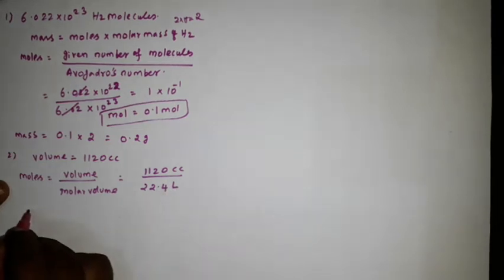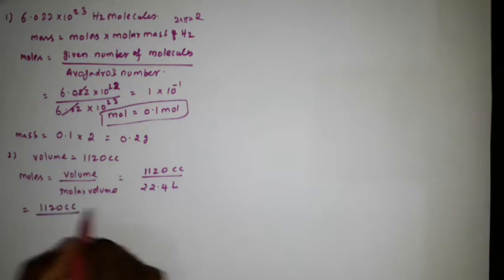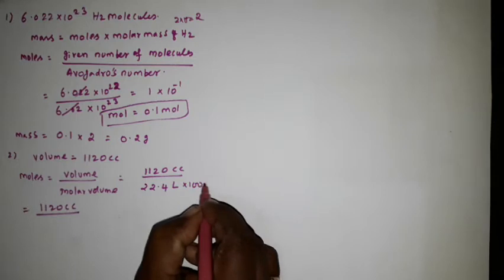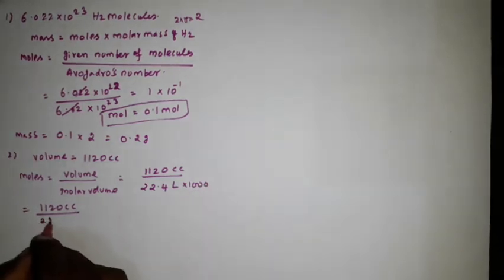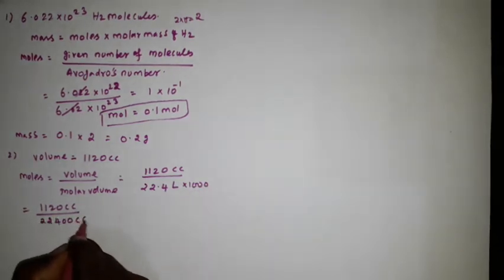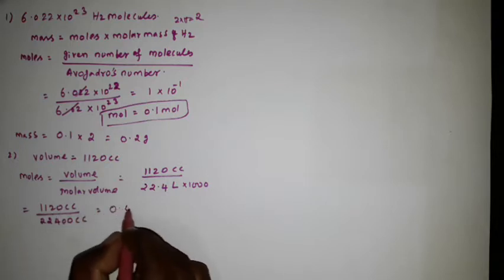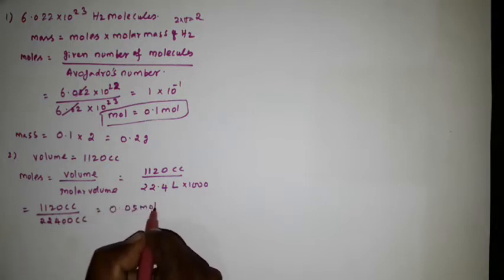So what the answer will come? 1120 cc divided by, you have to convert into cc. To convert into cc, you have to multiply by 1000. So 22,400 cc equal, we will get 0.05 moles.